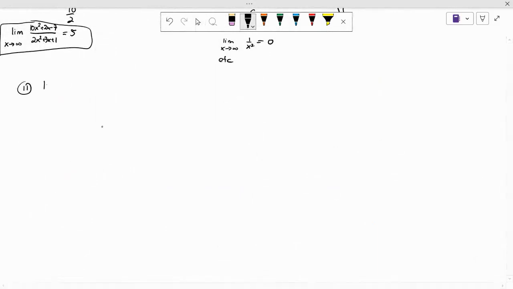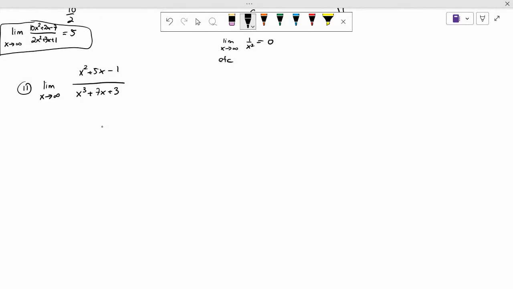Let's do another one quickly, just to show some stuff. So how about x squared plus 5x minus 1 divided by x cubed plus 7x plus 3.